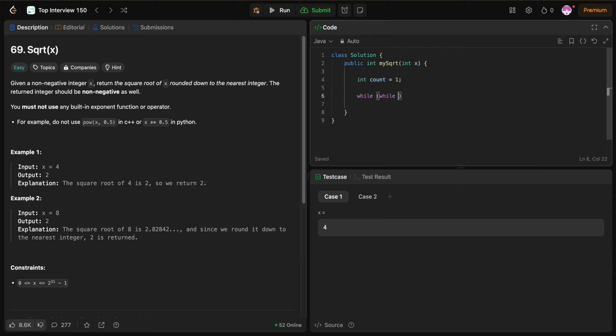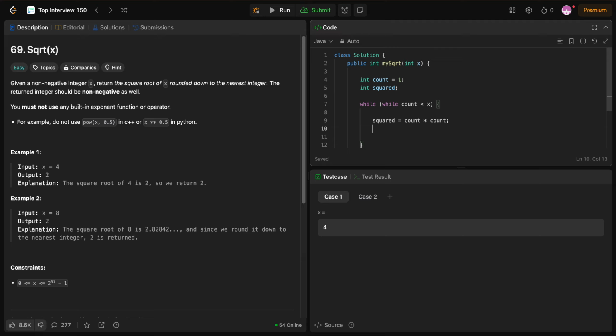We'll do while count is smaller than x. And then we'll do int squared. So squared equals count times count.